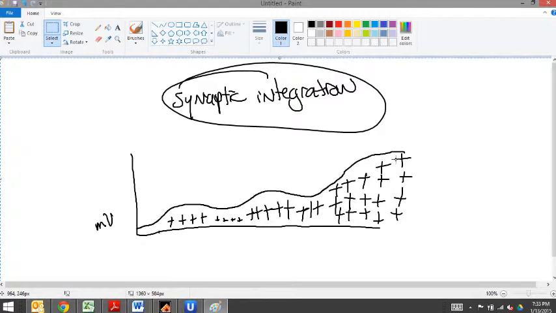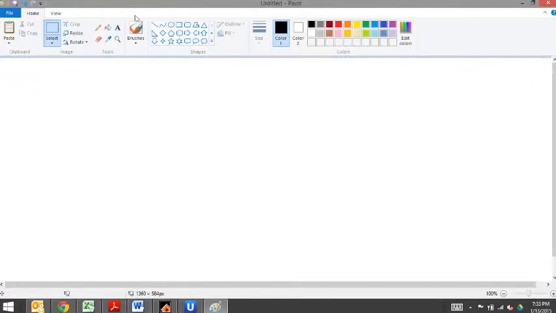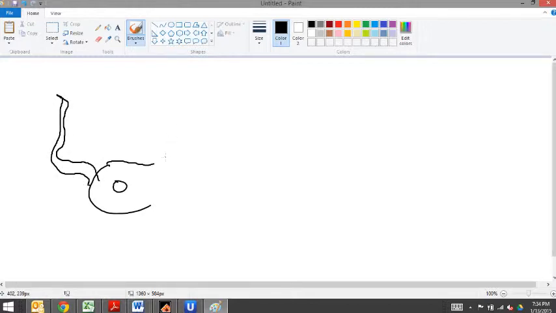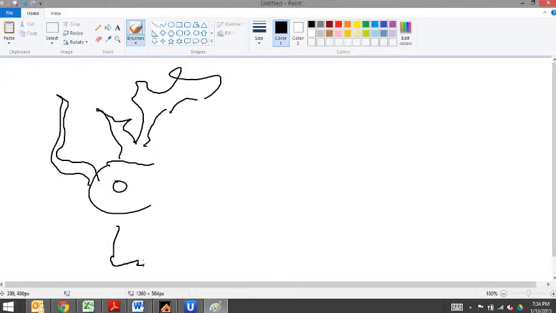So the question then becomes, how can these little depolarizations add up? Here we have a soma, and we have our axon, and that's going to another cell, and we have our dendrites here, and then we have one dendrite here which we're going to be very interested in.